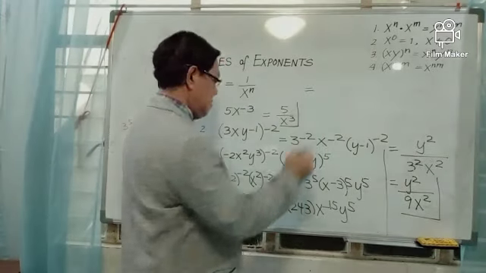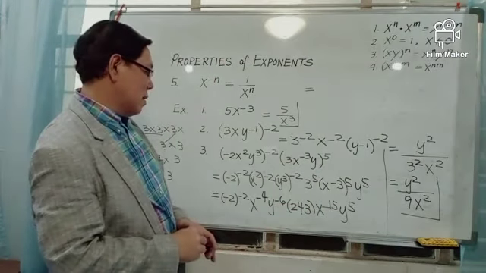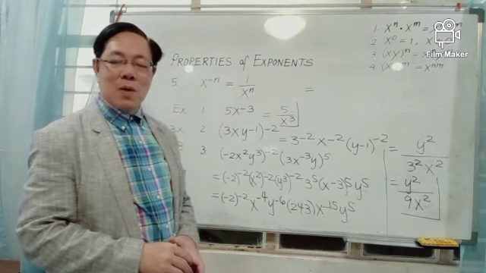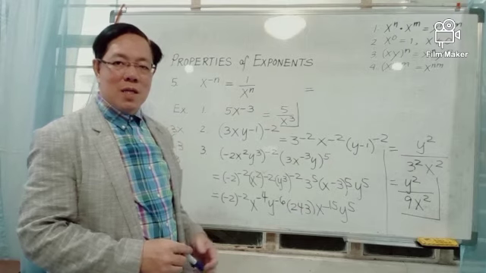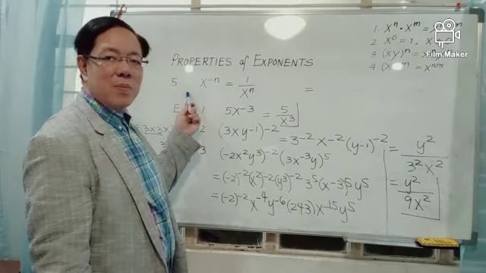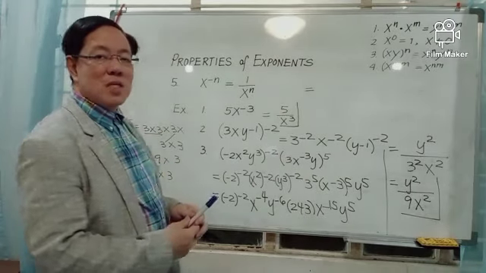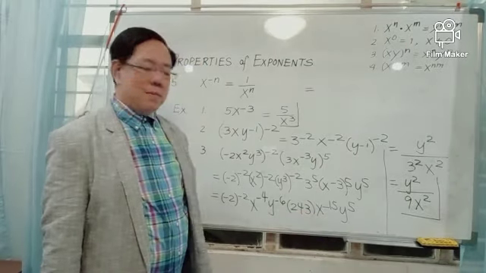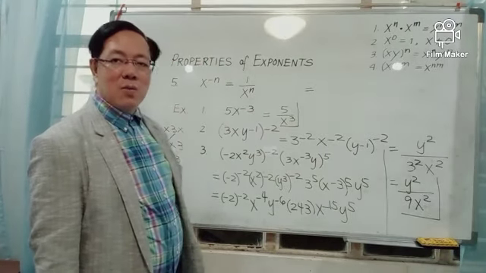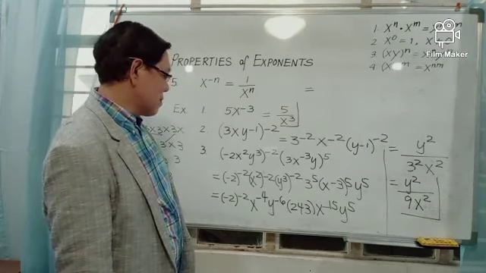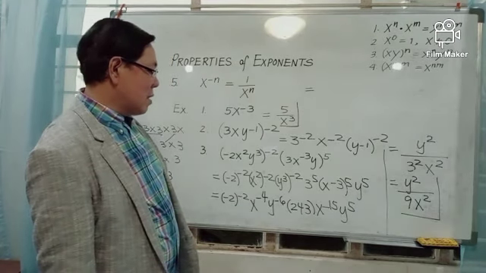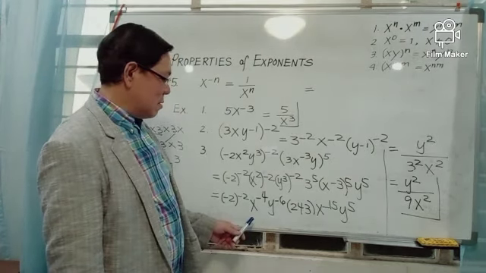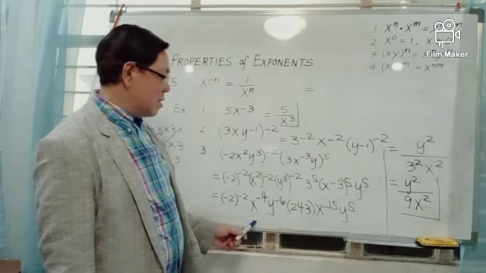Now we write those factors with negative exponents in the denominator by applying the fifth property of exponents. Those factors with positive exponents will remain in the numerator. But first we combine the similar literal coefficients, those with common base of x.